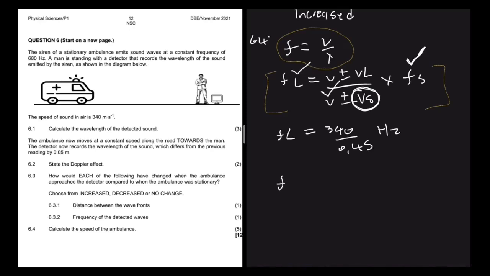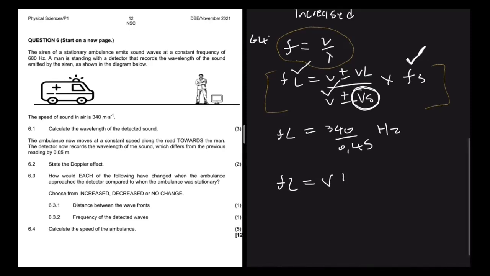So now we have frequency of listener equals, this is the speed of sound in air, and the listener is stationary. So we're gonna have plus or minus 0, right? And then divided by the speed of sound in air again, V, and then the source is moving towards.